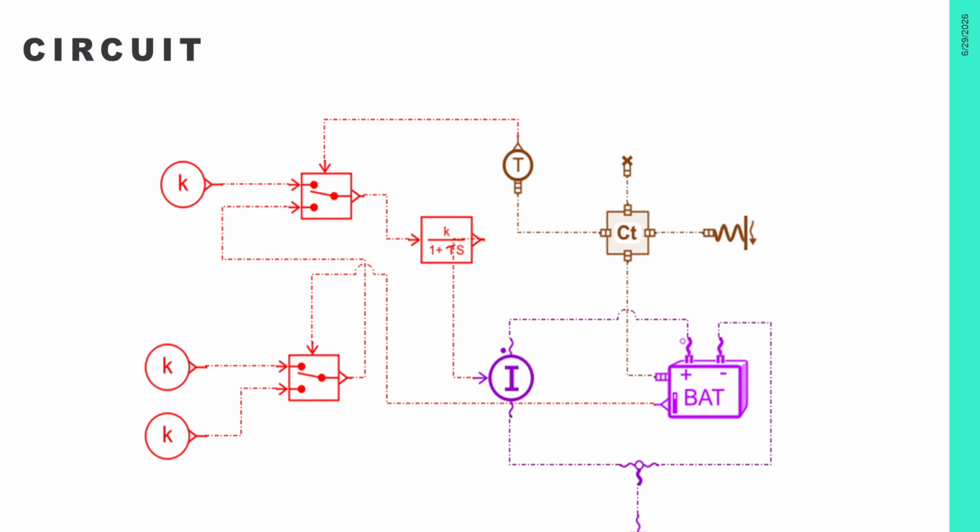The T is the temperature sensor, and CT is the thermal mass used. The spring-like thing to the right is the convective air source, the purple one with the cuboid is the battery, I is the control current source, and the last thing is ground.